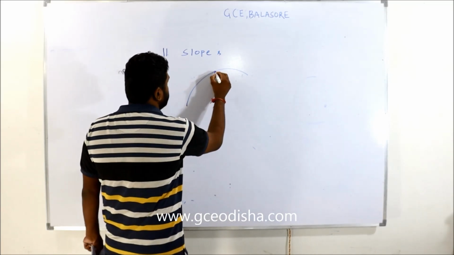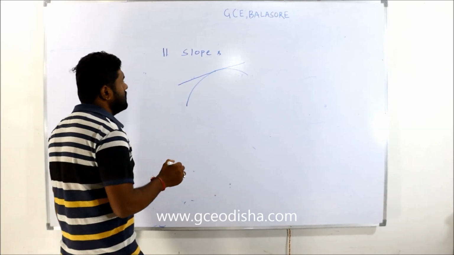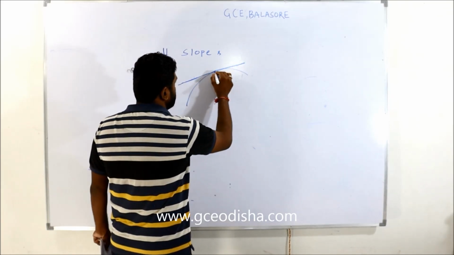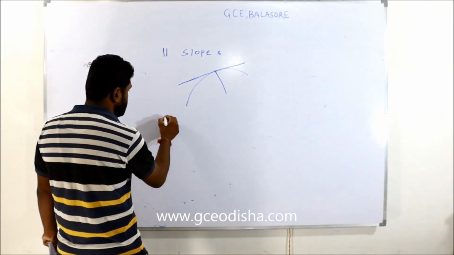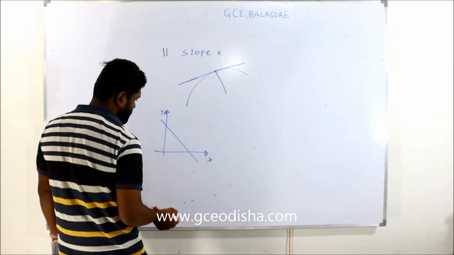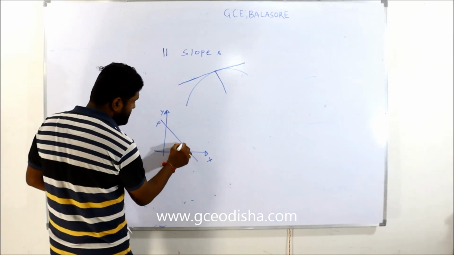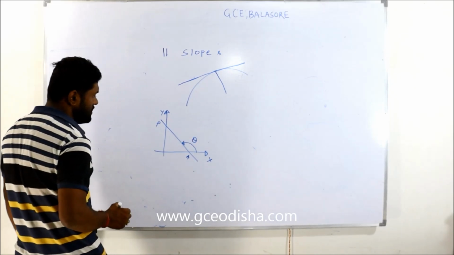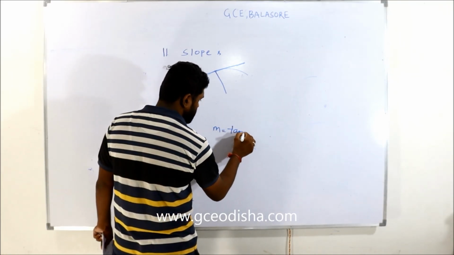When you draw a tangent at this point, this straight line is called a tangent in the case of a curve. In the case of the x and y plane, if this is the line, with this point A and the point P, and the line makes an angle with the positive x direction, that is theta, then the slope, generally denoted as m, is equal to tan theta.